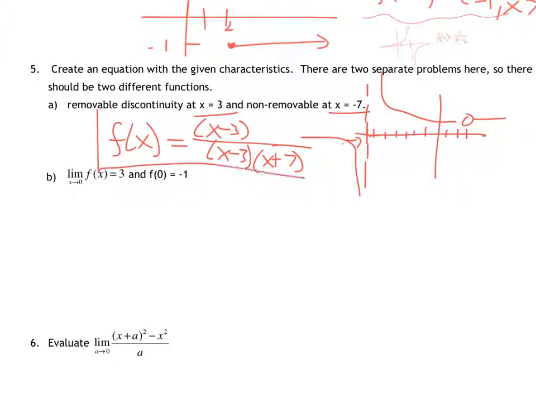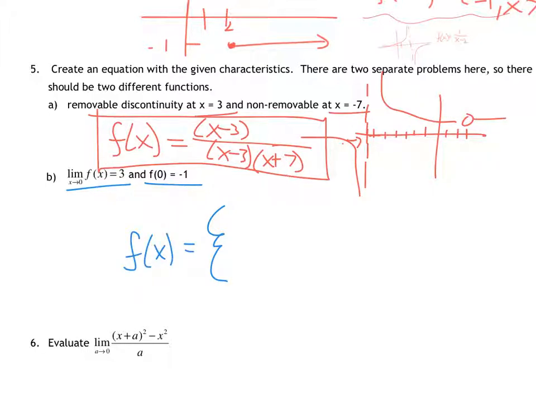All right, now next one, different problem, different setup. We want f of 0 to be -1, and we want the limit as x goes to 0 to be 3. Well, this means it's not continuous. And if it's not continuous, the only way to really do this is to do a piecewise function.